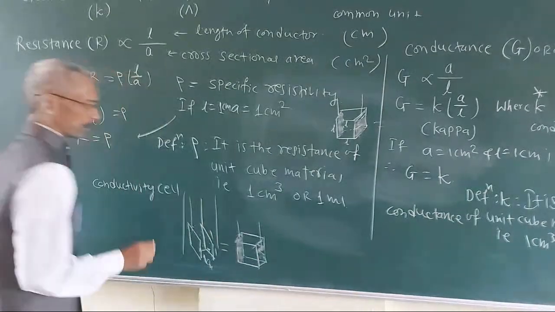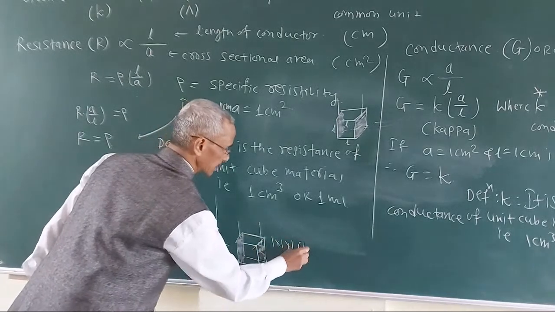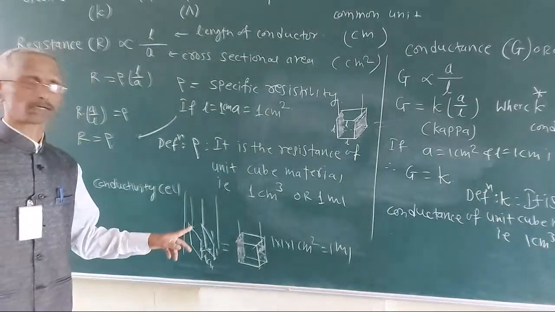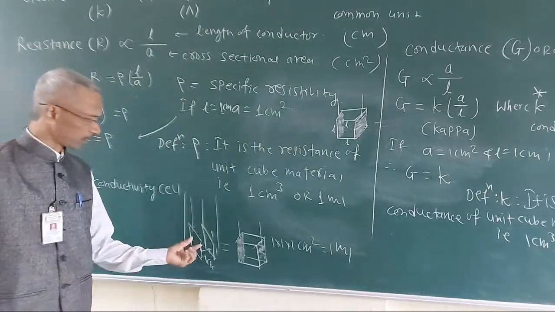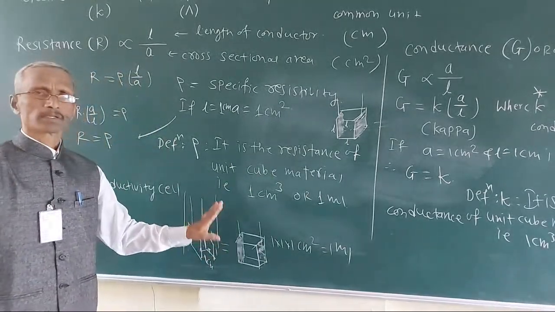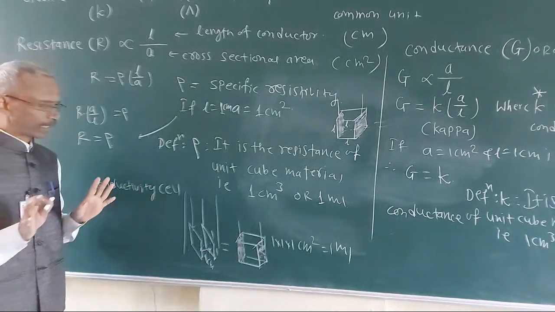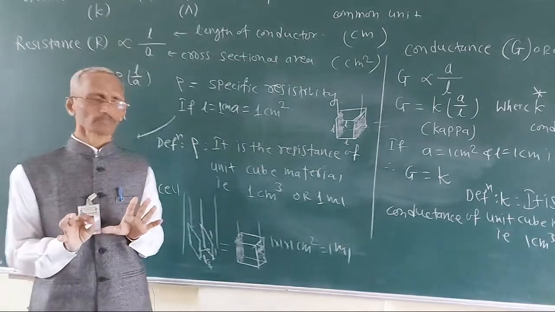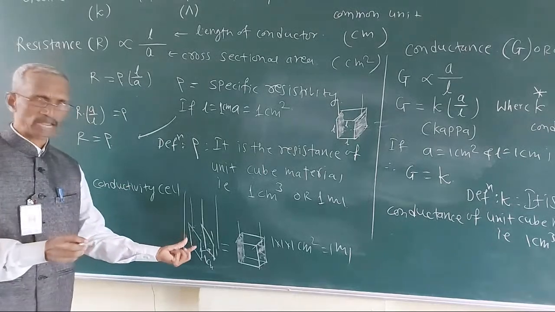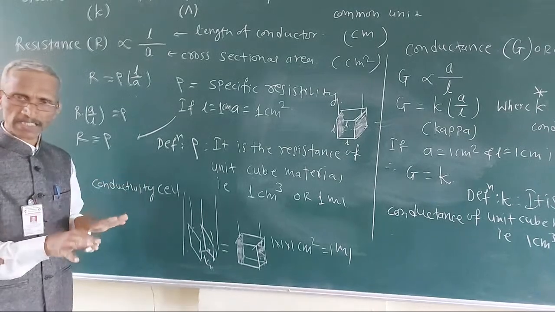So here, this is the 1 by 1 centimeter square, that is 1 unit. Whatever is the conductance of that material in 1 ml of the substance, that is the specific conductivity K. Now, in practice, in the construction of the conductivity cell, this distance may be more or less than 1 centimeter.